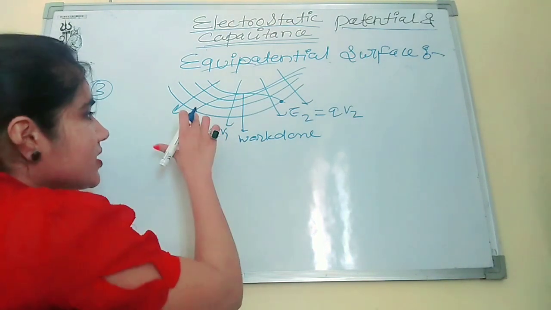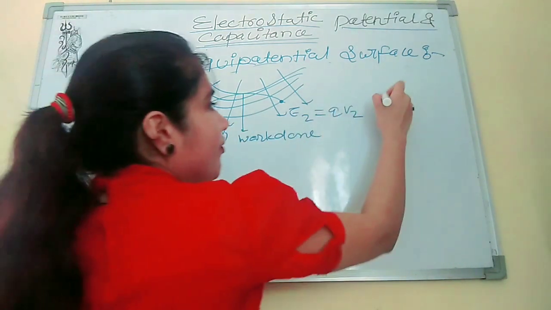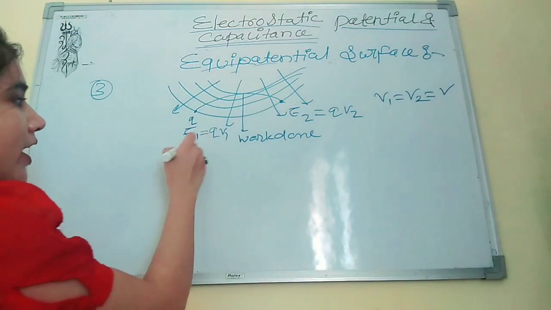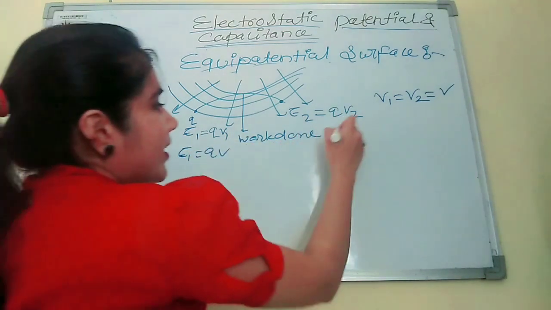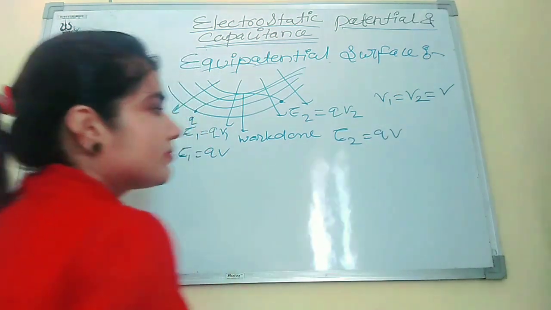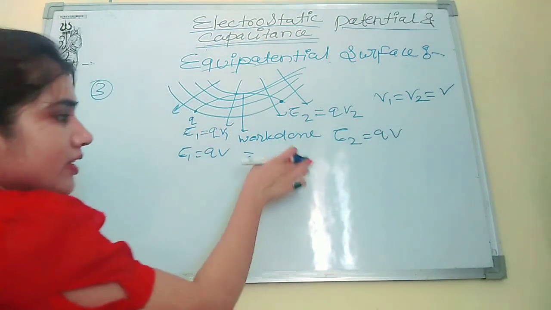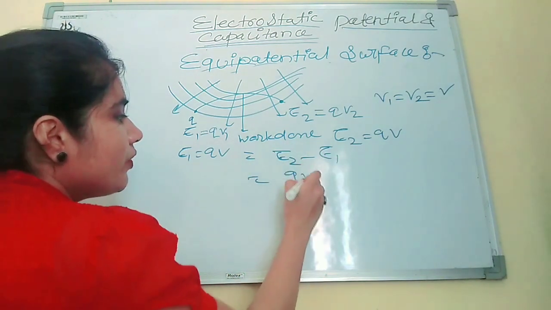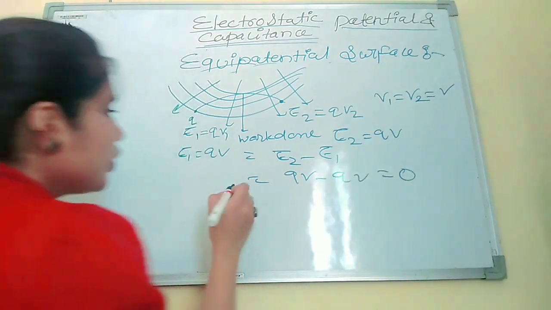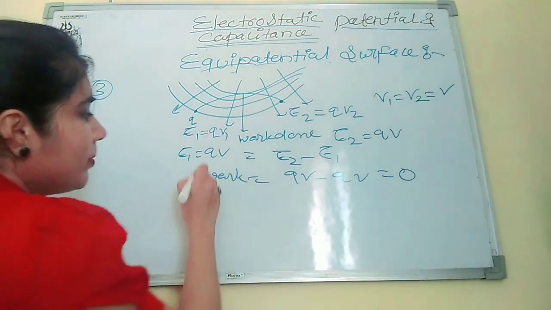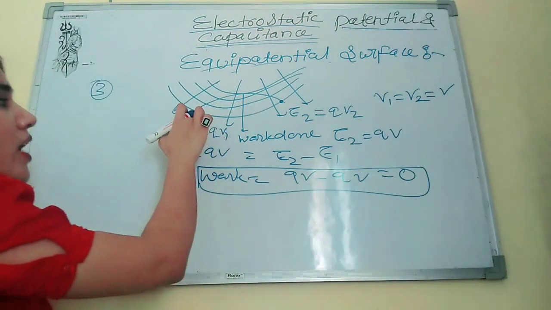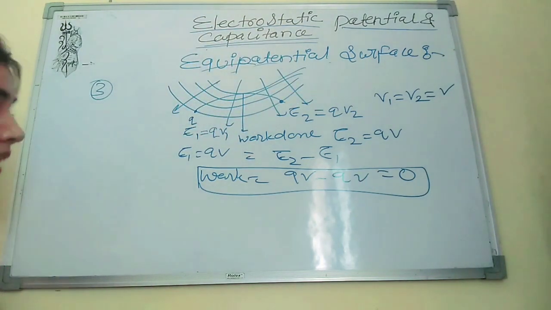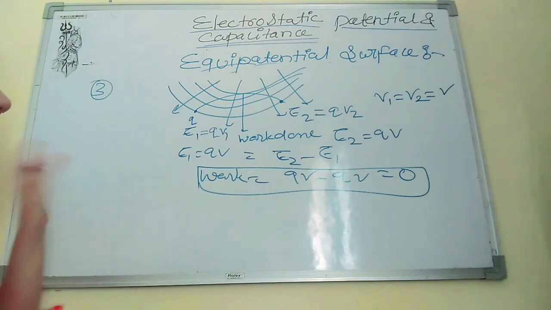If it is an equipotential surface, then V1 equals V2, and we take it as V. So energy E1 is QV and energy E2 is QV. Both energies are the same, so the work done is the difference, E2 minus E1, that is QV minus QV, which is 0. So the net work will be 0 to bring this charge from this point to this point on the same equipotential surface. This is the third characteristic.